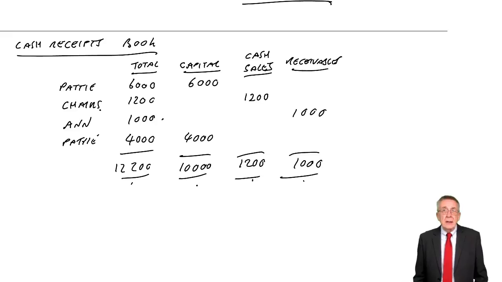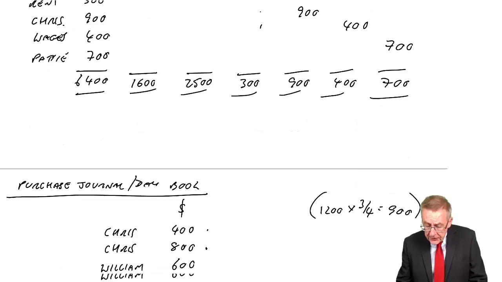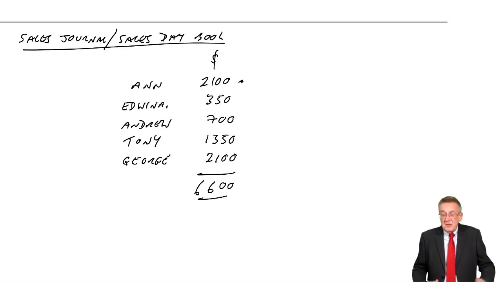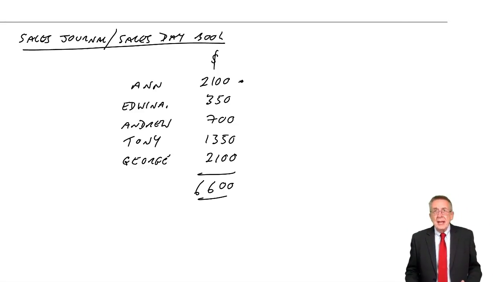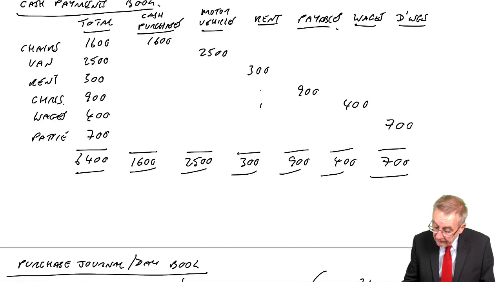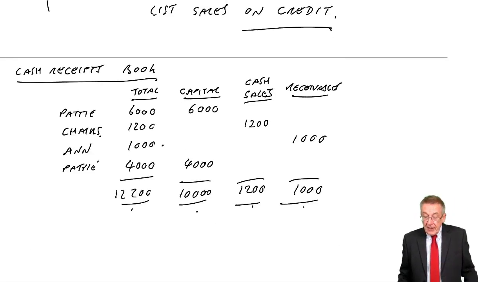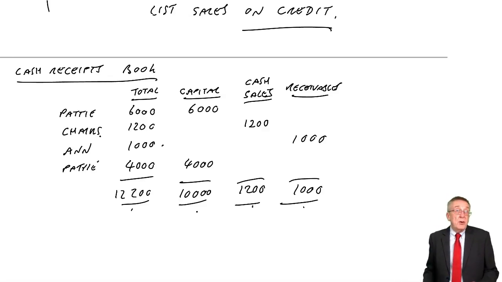Now that was easy enough here, but appreciate in real life, there'll have been thousands of sales on credit. We may have sold to Anne 10 times and we're going down a huge list. Oh, there's an Anne, there's an Anne, there's an Anne. And then we're looking at the receipts. Any receipts from a customer within the receivables column, and we've only got one here.